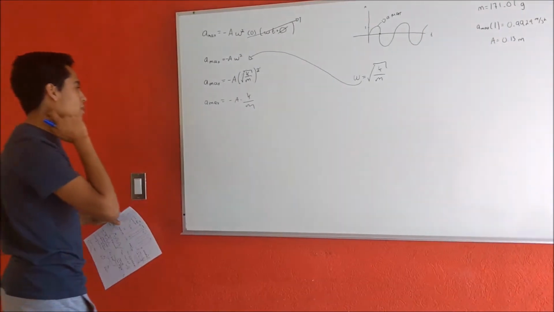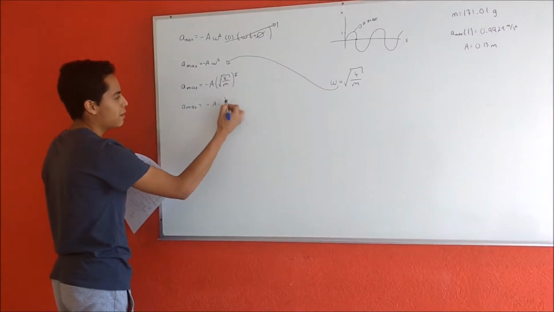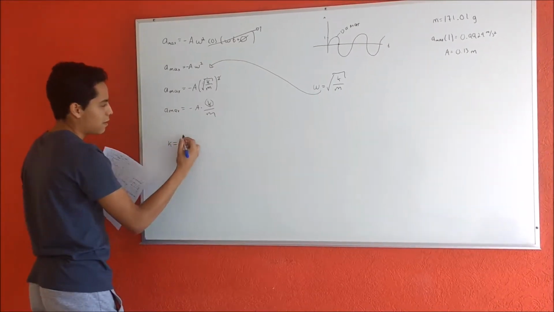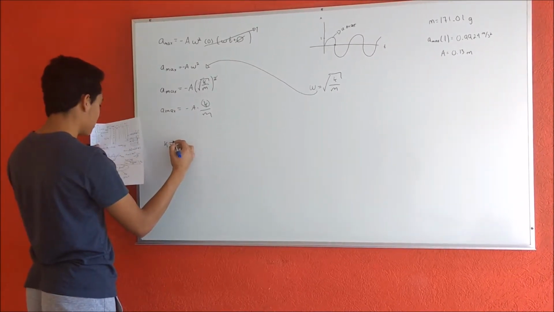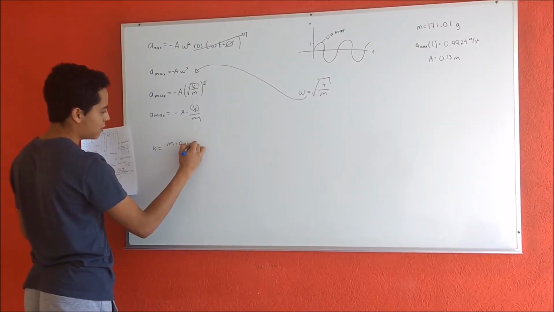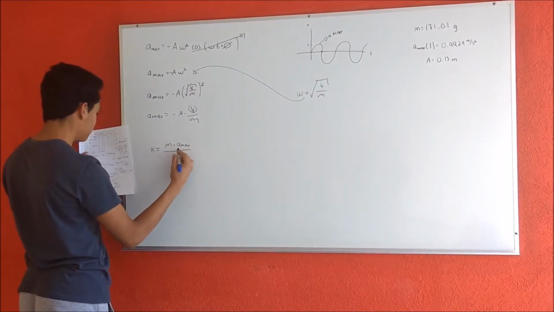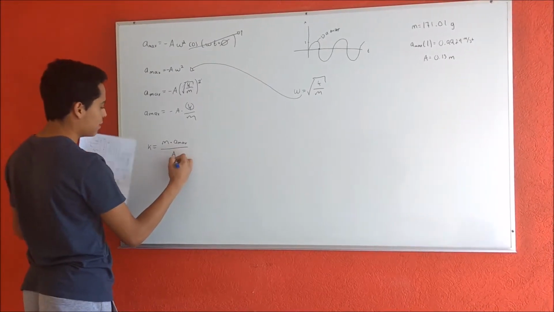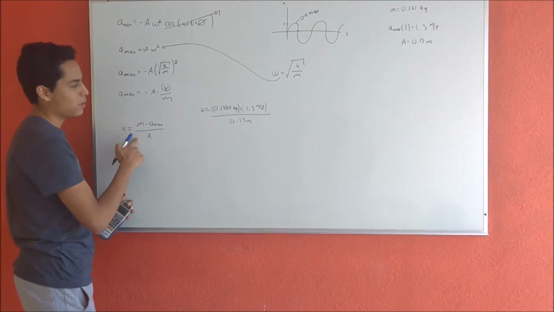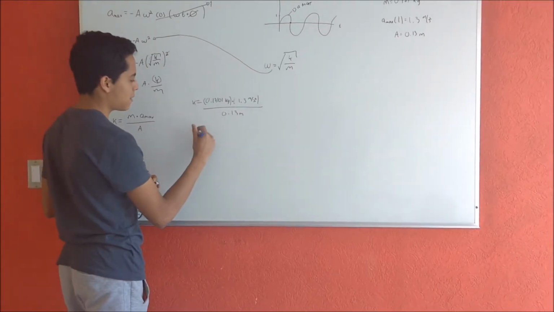And from this equation we can isolate k. So the new equation is going to be equal to the mass times the acceleration over the amplitude. So if we substitute this formula, we are going to have this.